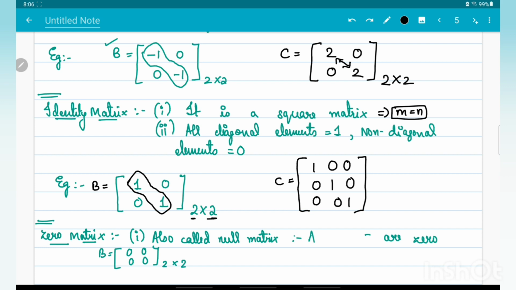So if you ask if this is an identity matrix or not, the answer is yes. The reason being that all the diagonal elements are equal to 1 and the rest of the non-diagonal elements are 0, plus this is a square matrix. So this is an example of an identity matrix.